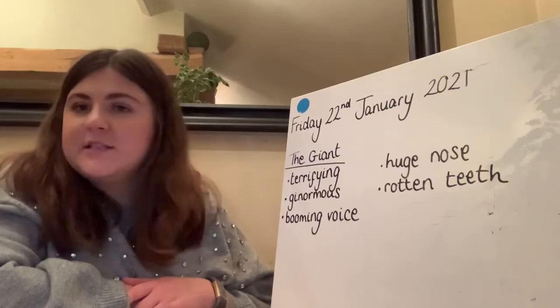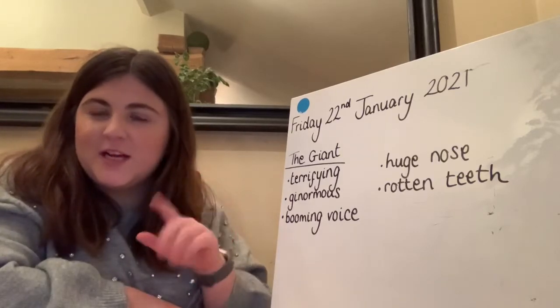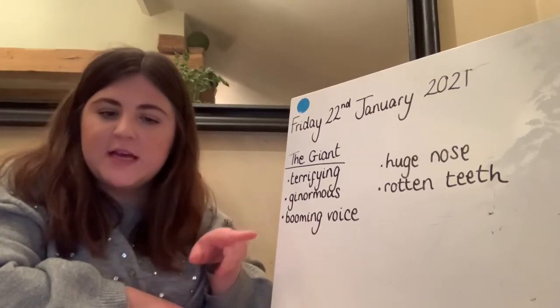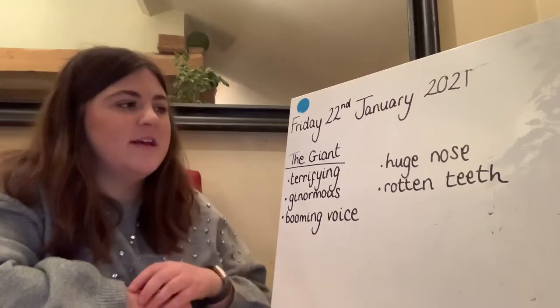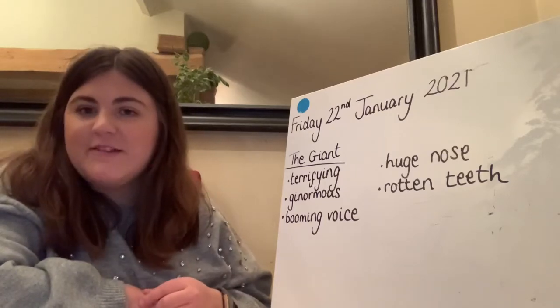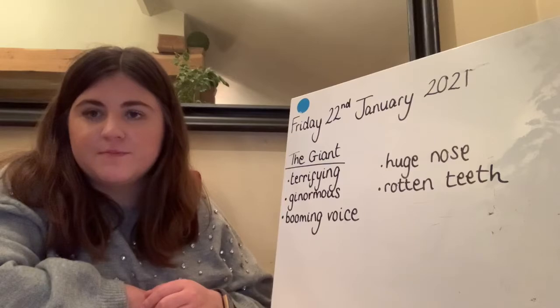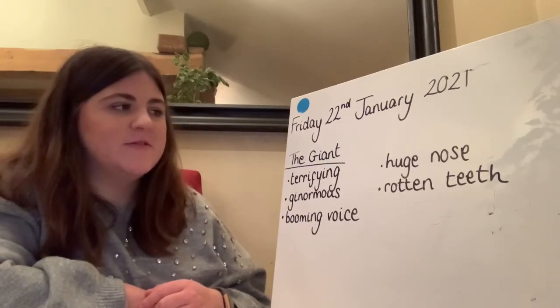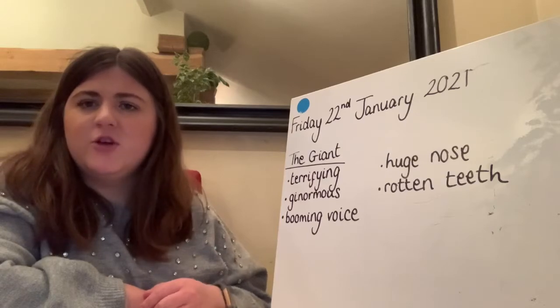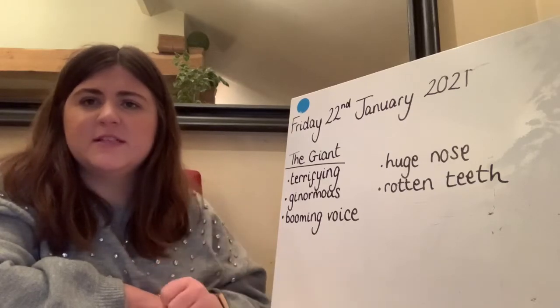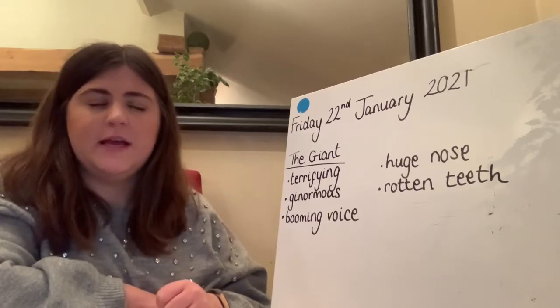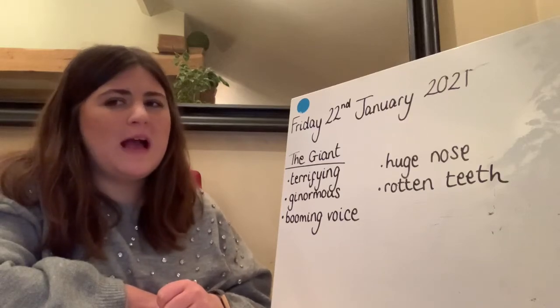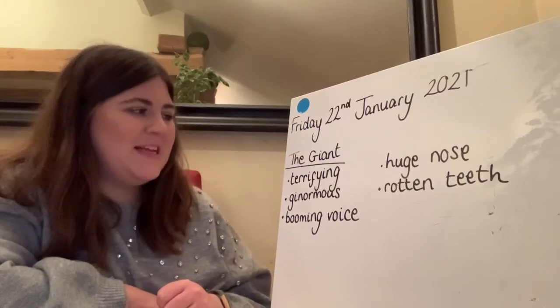Okay, so you've got your 5 adjectives. I've got my 5 adjectives. And now we're going to turn it into a character description. Now, just because you have 5 adjectives doesn't mean you'll have 5 sentences. So how would we go about putting this in a sentence?